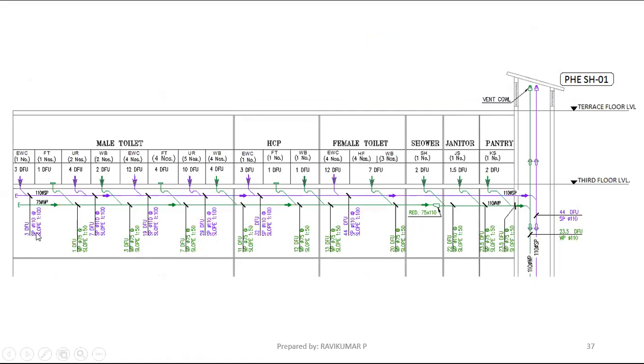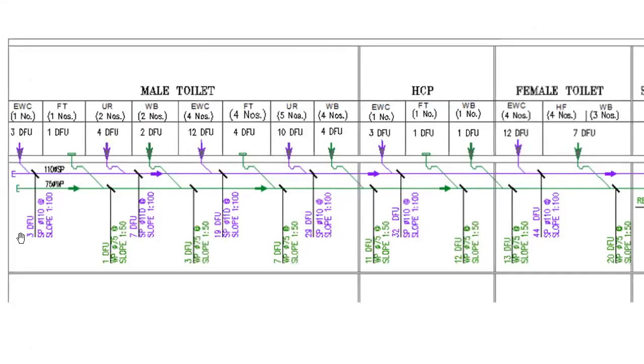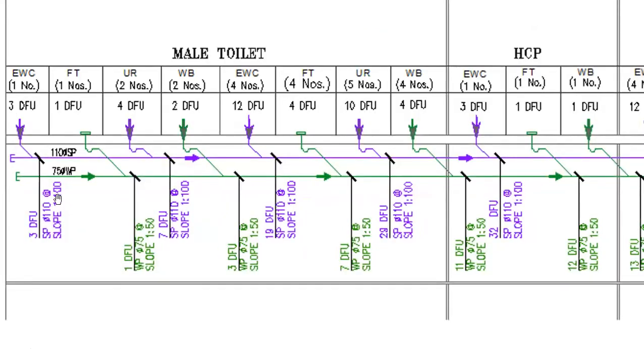For that, what pipe size have I taken? 100 mm only, because the minimum drainage pipe size we have to provide as the starting pipe size is 100 mm. For the soil application we have to provide 100 mm only. That's why I kept 100 mm.